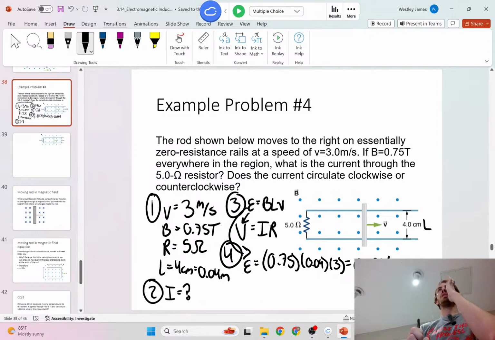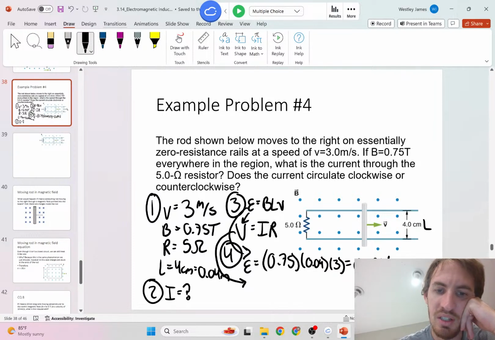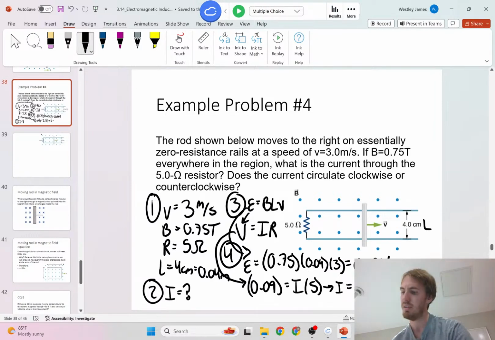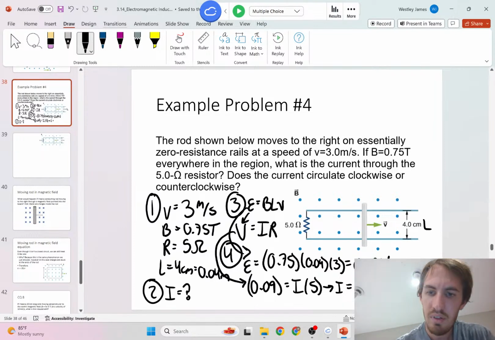Even if you have a strong field, if you want to make a strong voltage, you need lots of loops. And then we're going to use the second equation, 0.09 equals I times 5. So I equals that divided by 5, 0.018 amps.